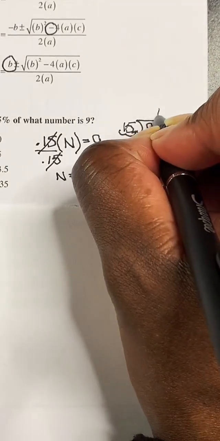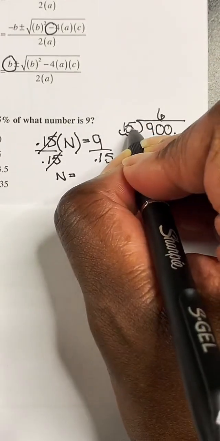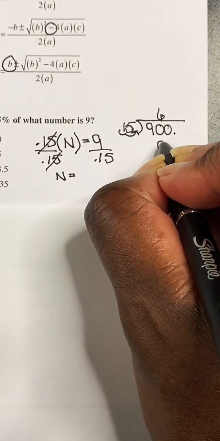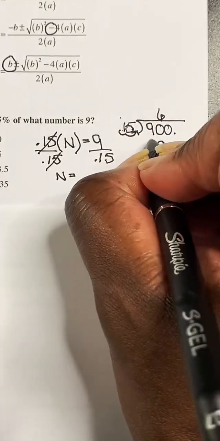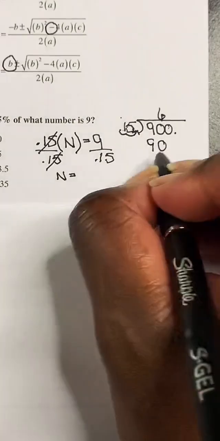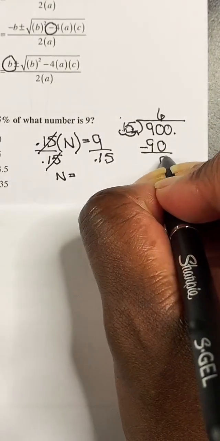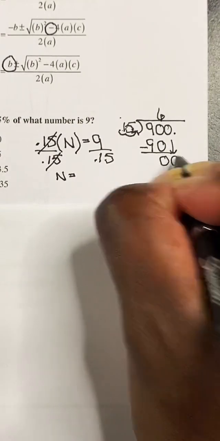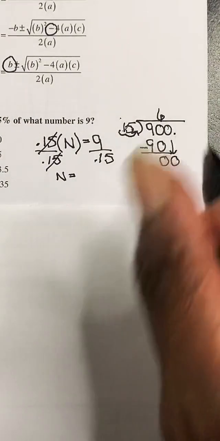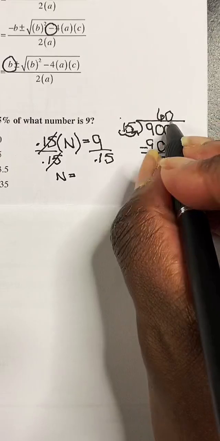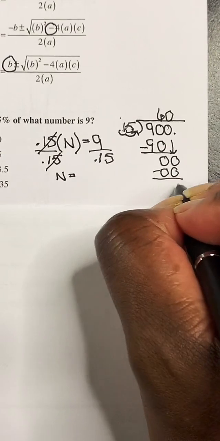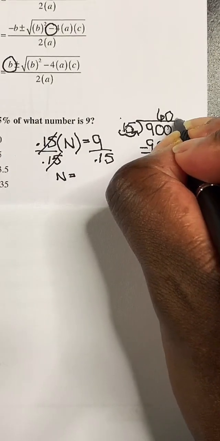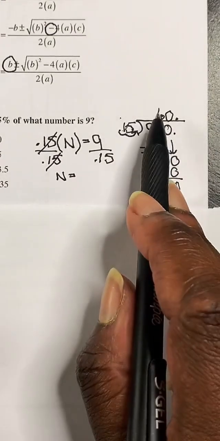Well, if we do 6, because 6 times 5 gives me 30, carry the 3, 6 times 1 gives me 6, plus 3 gives me 9, so that gives me 90. When I do my subtraction, bring down my 0. I need this 0 here, because there's 0 15s that can go into 0. And then my decimal point will be out here. So that means I get an answer of 60.